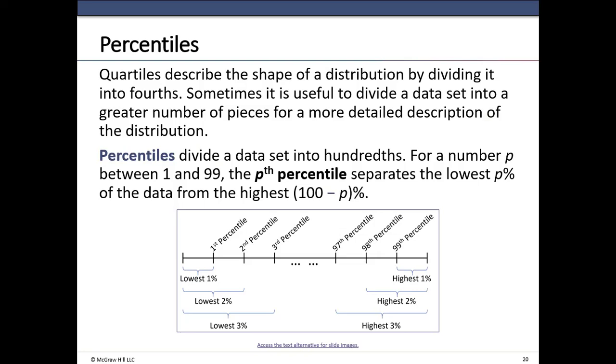For a number p between 1 and 99, the pth percentile separates the lowest p% of the data from the highest 100 minus p%. As the figure shows here on the screen, 98th percentile is a number below which 98% of the data fall and above which 2%. 100 minus 98 is 2% of the data fall.